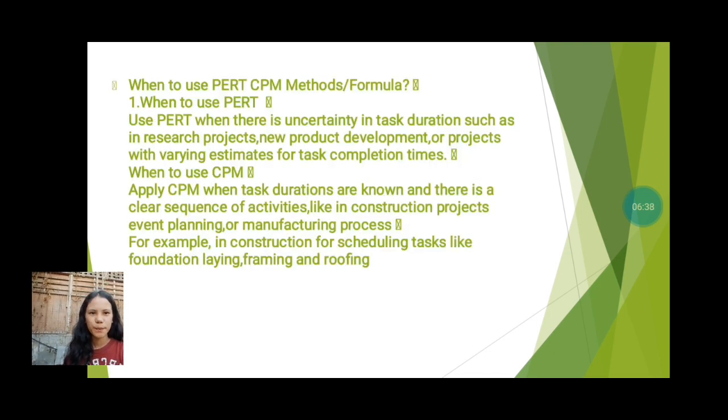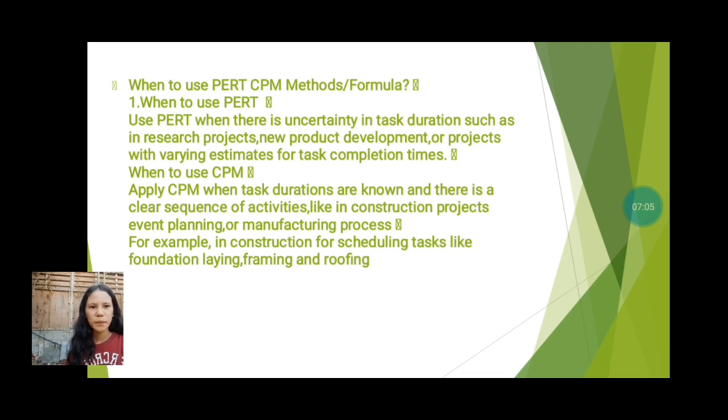When to use PERT and CPM methods and formula. When to use PERT: use PERT when there is uncertainty in task duration, such as in research projects, new product development, or projects with varying estimates for task completion times.